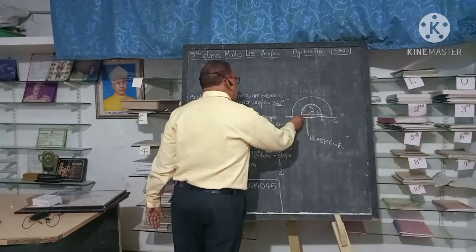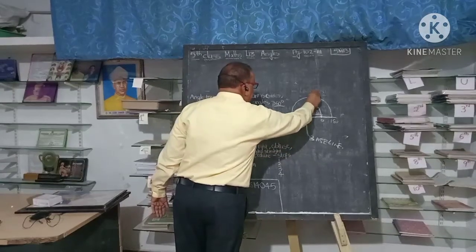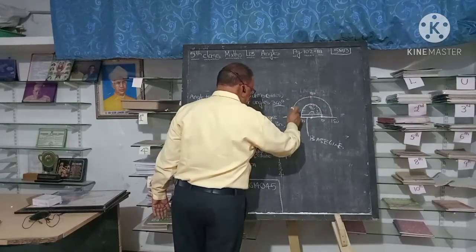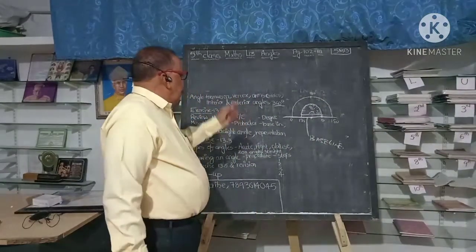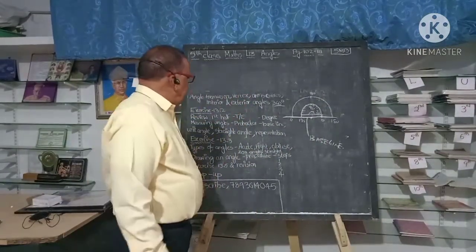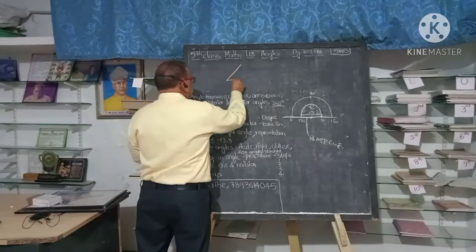Suppose you want to measure from this side, this is 0, and here again you will have 90. So 0, 10, 20, like that. Okay. Now you can use the protractor and measure an angle. Suppose you have an angle like this.